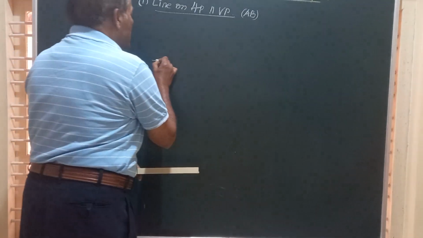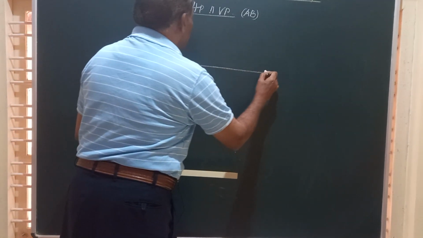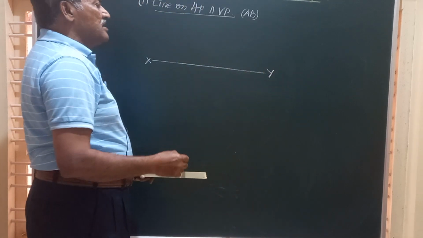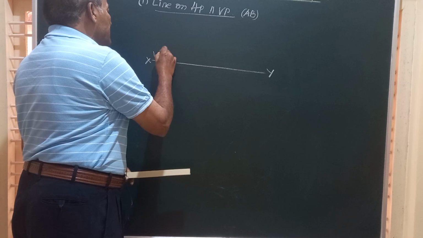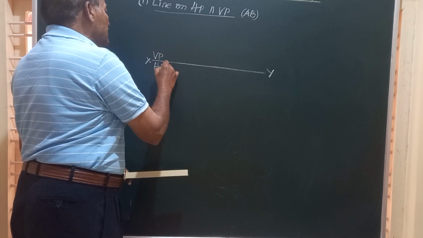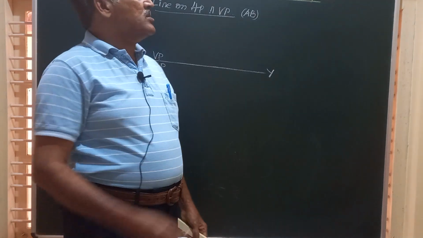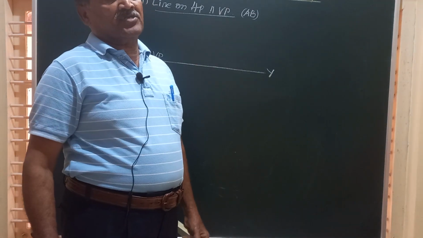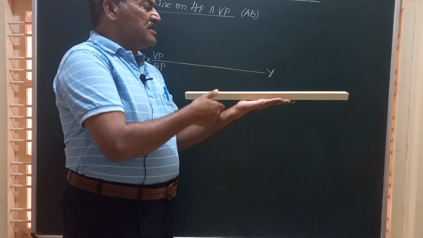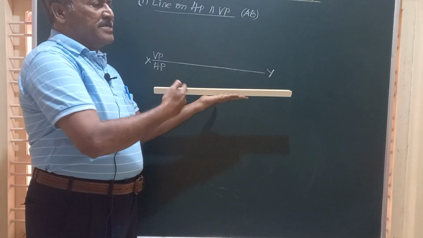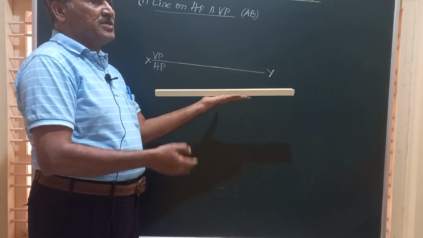So I am going to write down a line here called XY, and here I mark VP and HP indicating first angle projection that is followed to obtain the projections of this. So when the line is on HP and is parallel to VP, let it be anywhere on this HP.